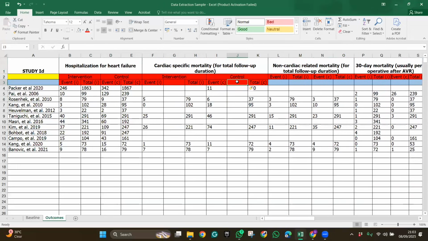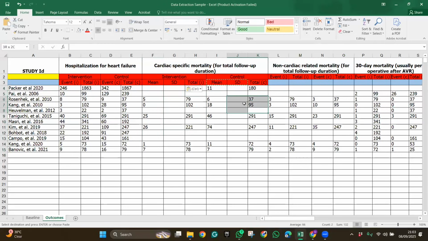So this will be SD. This will be mean. Okay. So you're going to write the mean values in this column. You're going to write the standard deviations in this. And this total is the total population in the intervention group.